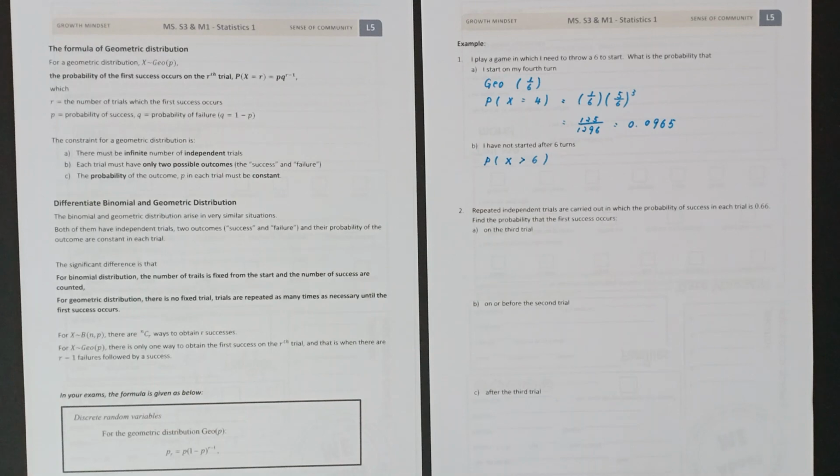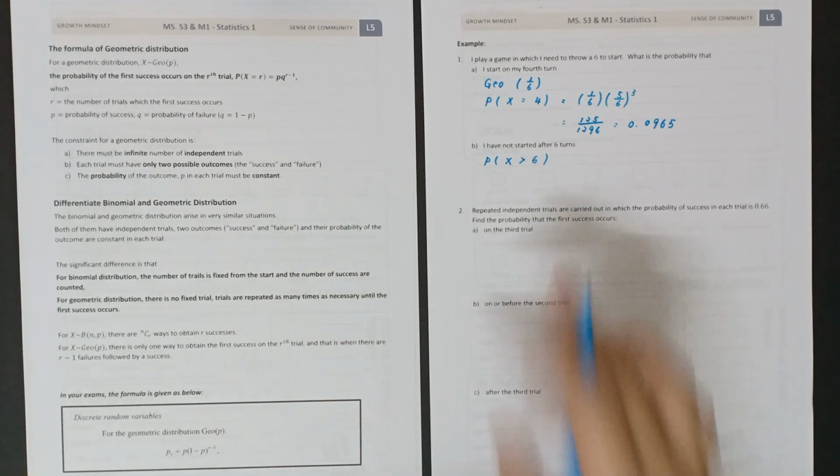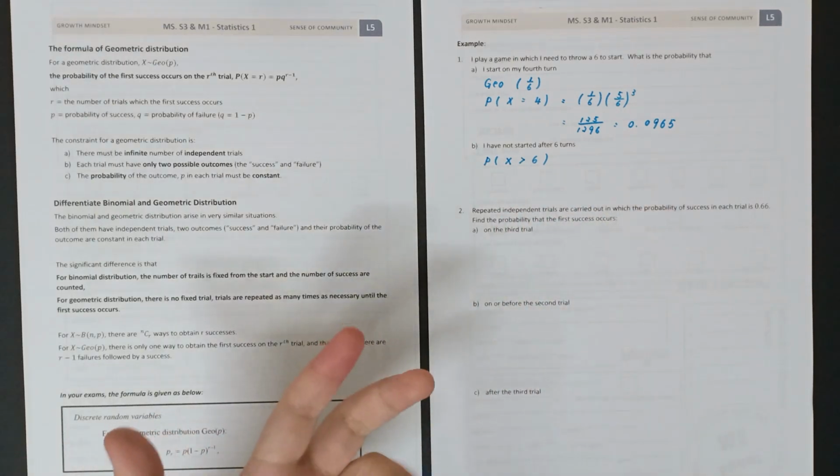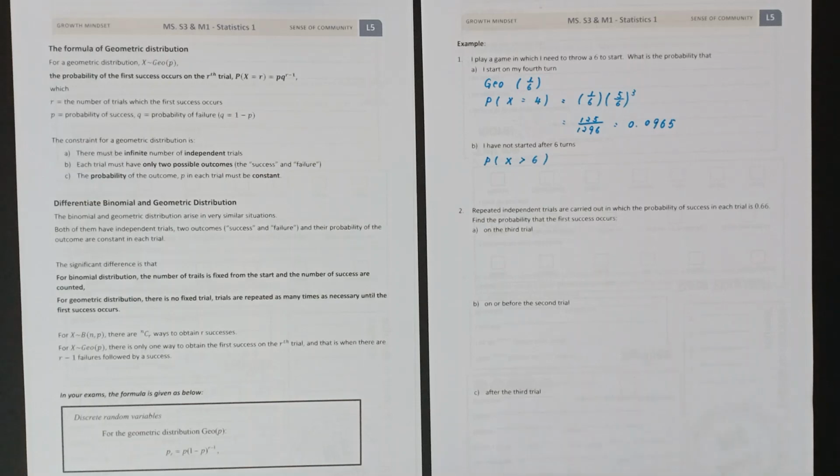That's what is meant by not having started after the 6th turn. So I might start at the 7th turn, the 8th, 9th, 10th and so on. So remember that the number of trials is infinite, so you are not able to find 6, 7, 8, 9 and so on, because you do not know how many turns you need to take.